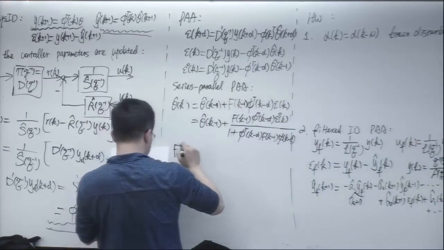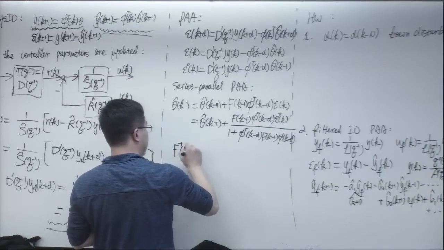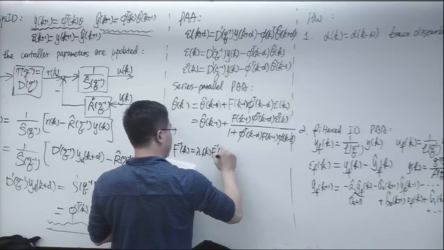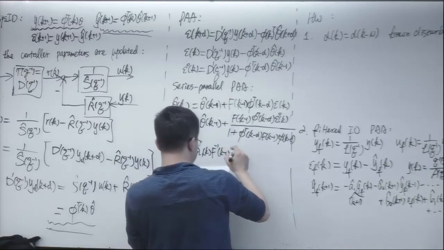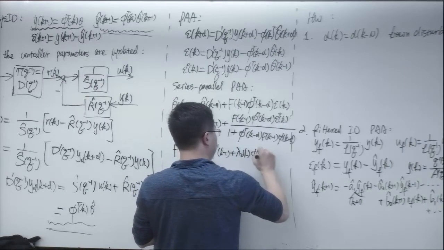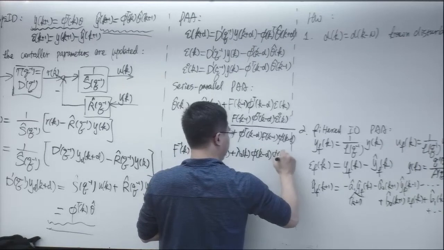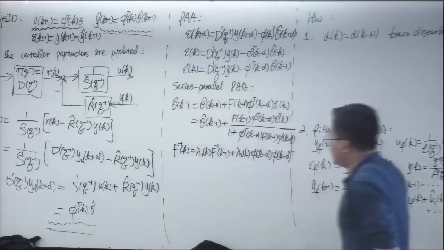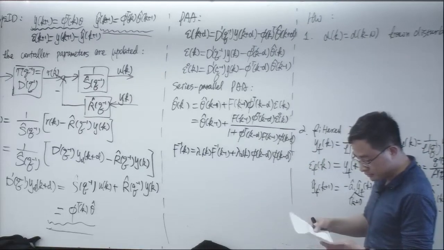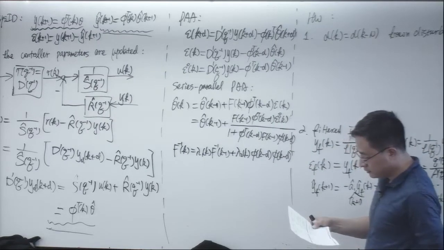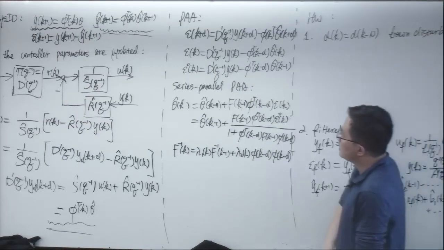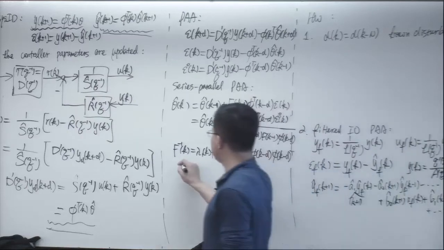And we can do update of the adaptation gain using the same adaptation law. All right? This is the algorithm, and then let's talk about the stability quickly.